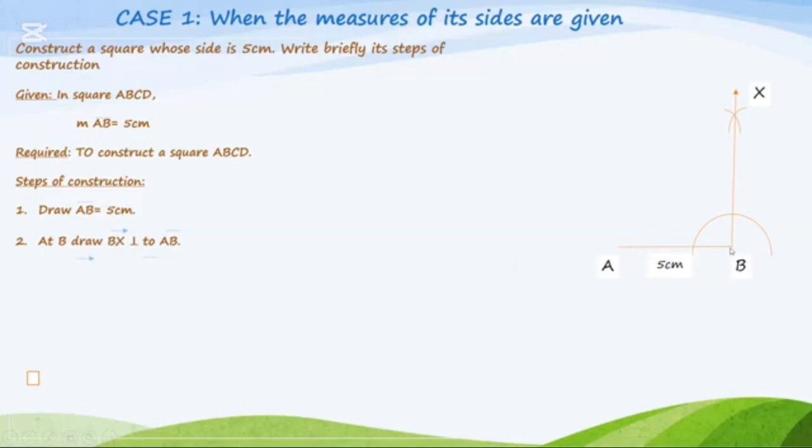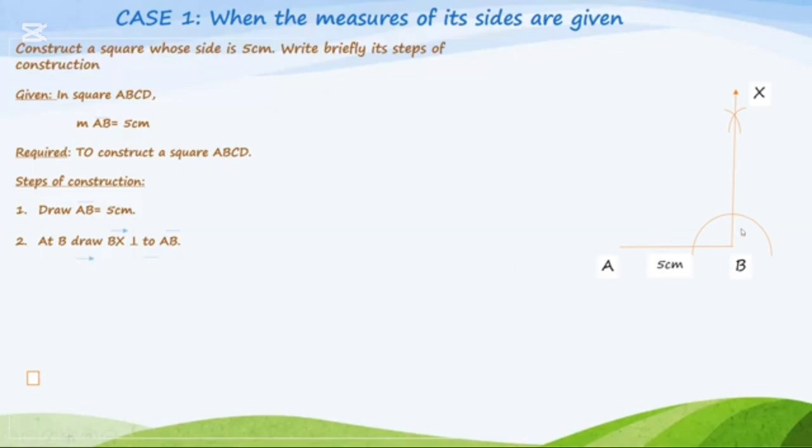Now what we can do here, we can put the compass on B, and with the measurement of 5 centimeter, we have to draw an arc over here on BX.